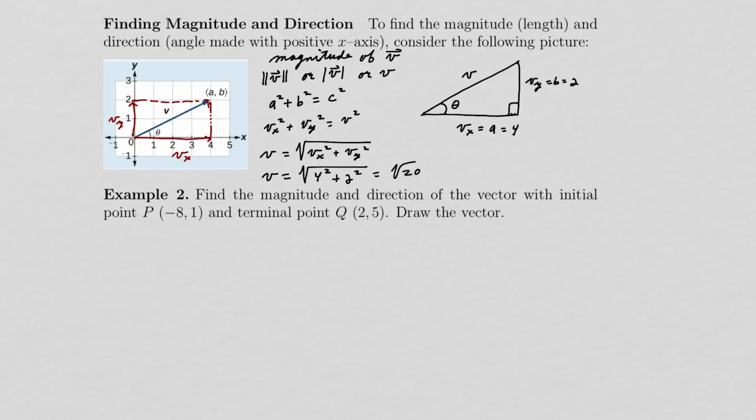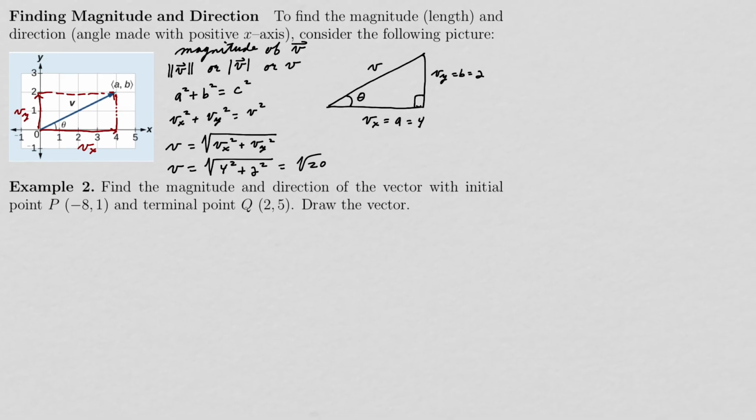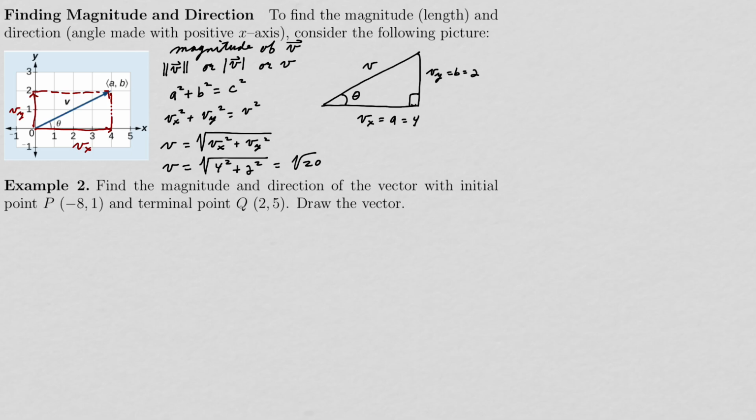So I know that tangent of the angle is equal to opposite over adjacent. So it's going to equal Vy over Vx, or we named it b over a.